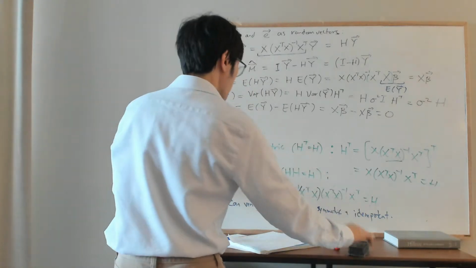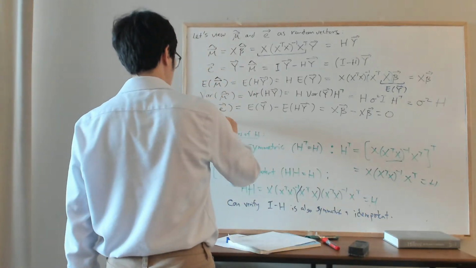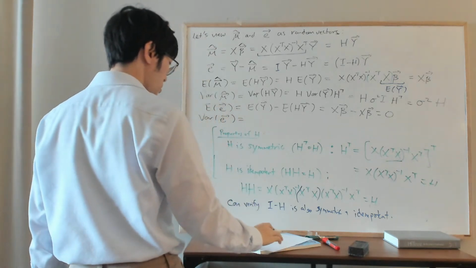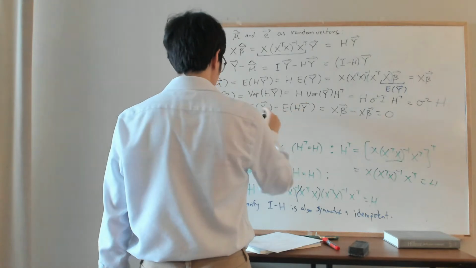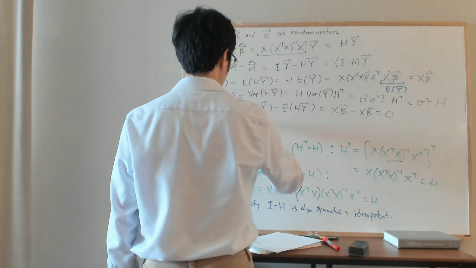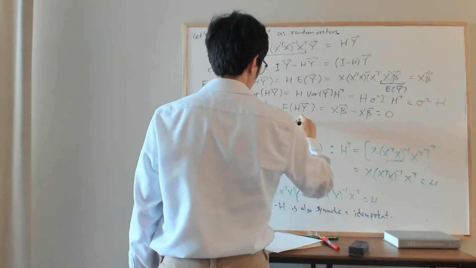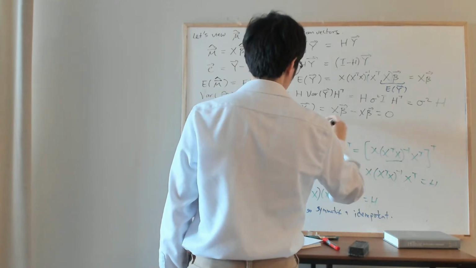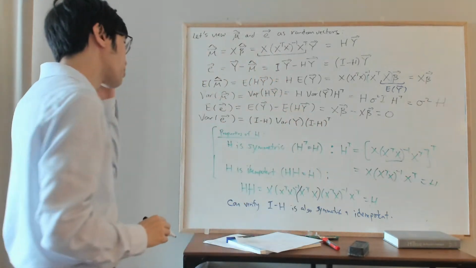Okay, and then the variance. We have I minus H, variance of y, then I minus H transpose.